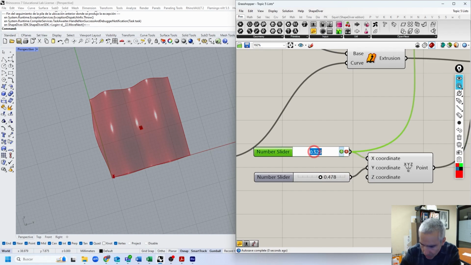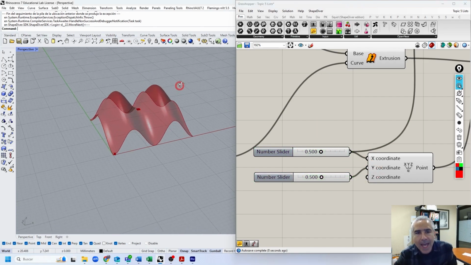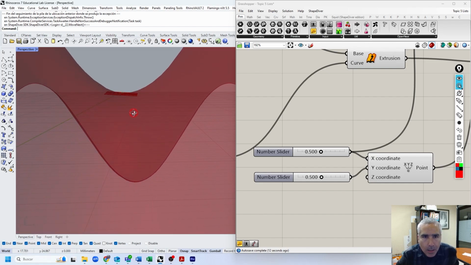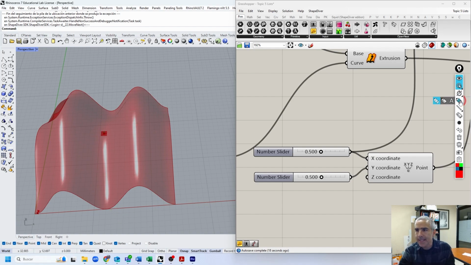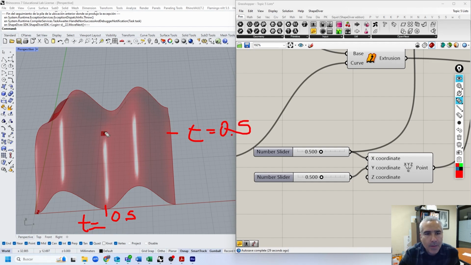So again, if I go 0.5 here, oh, sorry. That will give me a pretty cool, that's the point right there, which coincides with t equals 0.5, and this point will be u comma v 0.5 comma 0.5. So that's what that is, basically.